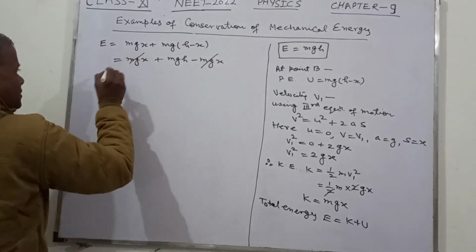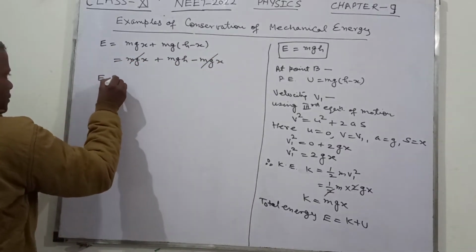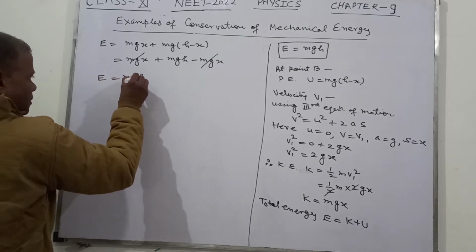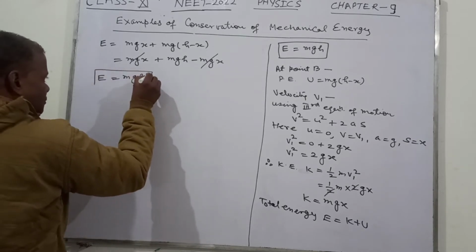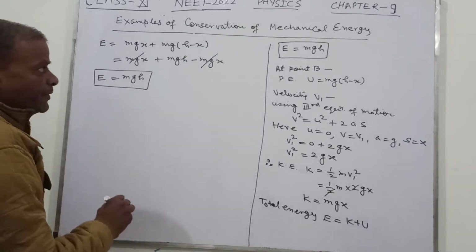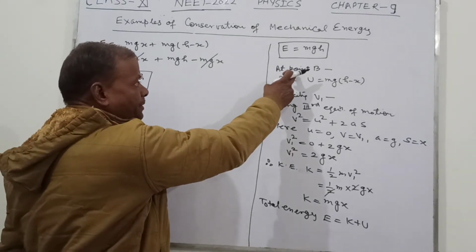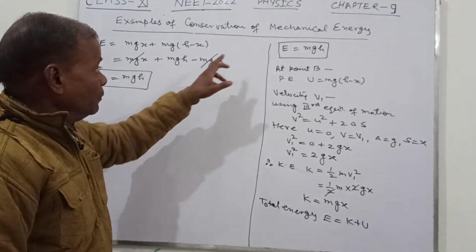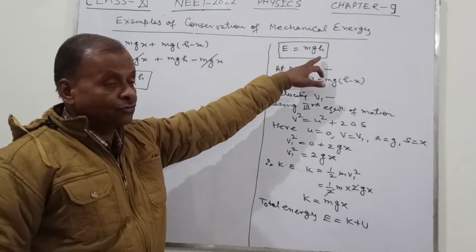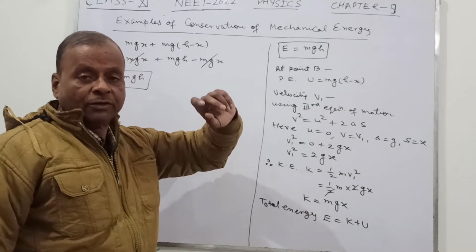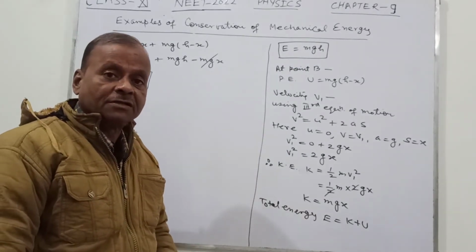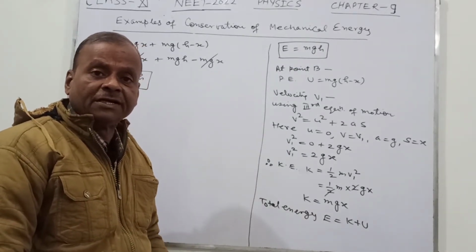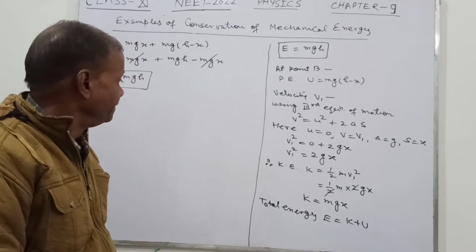Now these will cancel, so E equal to mgh. So again we find that at the point B, the total energy is mgh, while at the point A this was also mgh. So at points A and B, this law of conservation of mechanical energy is followed by the body.